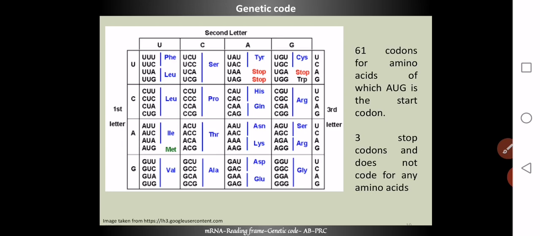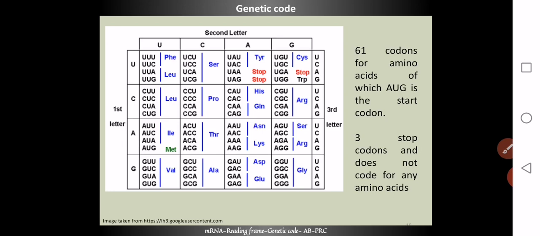This was evidenced and prepared by an elaborate experiment to crack the genetic code. In that experiment, they found that the 20 amino acids have been encoded successfully by specific codons.